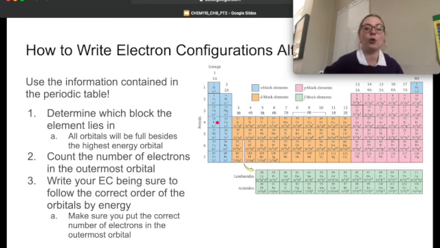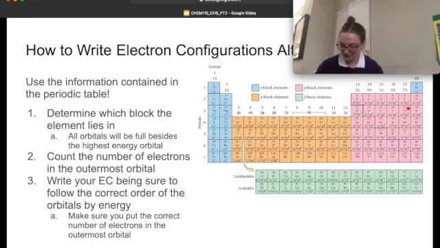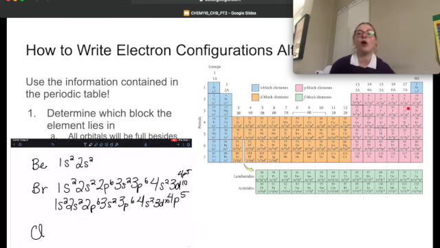So we're going to do that orbital diagram for chlorine. Chlorine's over here. It's number 17, marked with the red dot on your screen. How do we do that using the periodic table? Well, you determine where the element lies on the periodic table, which block it's in. All of the orbitals below that last highest energy orbital are going to be full.